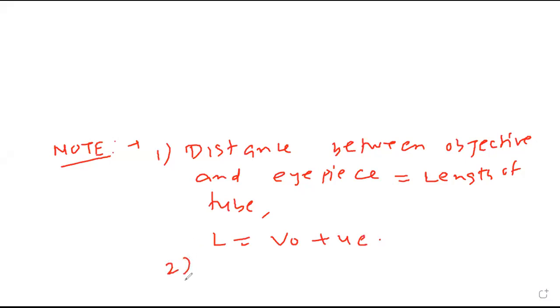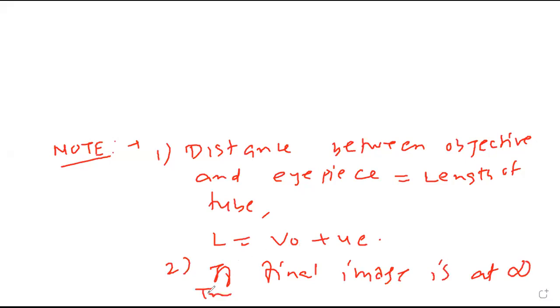Sometimes they will give you the distance between the tube, that means V naught plus UE. If the final image is at infinity, then can I say UE is focus? Then only the final image comes to infinity, if the object is at focus.